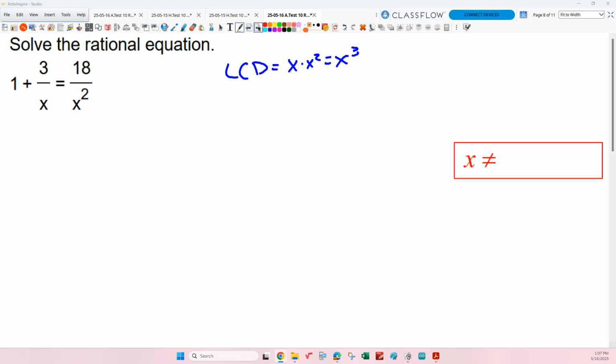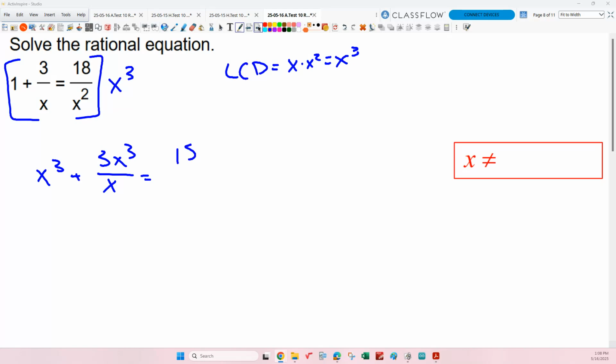We'll multiply everything by that LCD to cancel fractions. So what's 1 times x cubed? Okay. And then what's 3 times x cubed? 3x cubed. And that's still over x. And then what about 18 times x cubed? And that's over x squared.